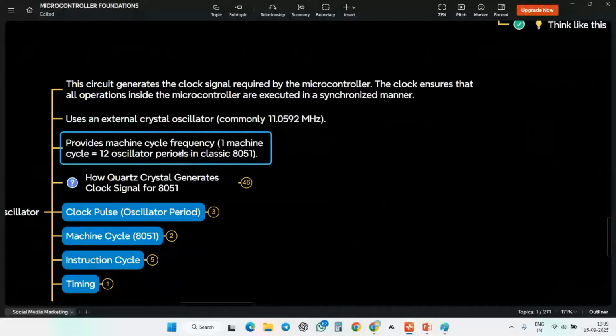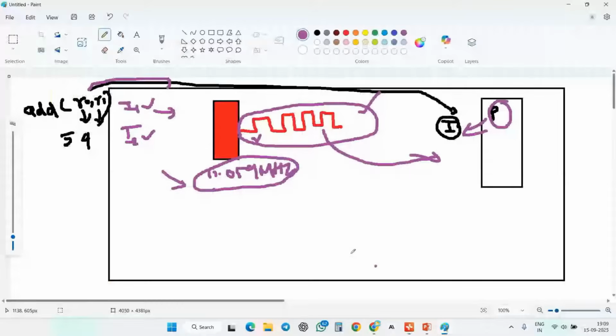Here, this is a very, very important thing. One machine cycle is equal to 12 oscillator periods. That means to process one instruction, you require one machine cycle.